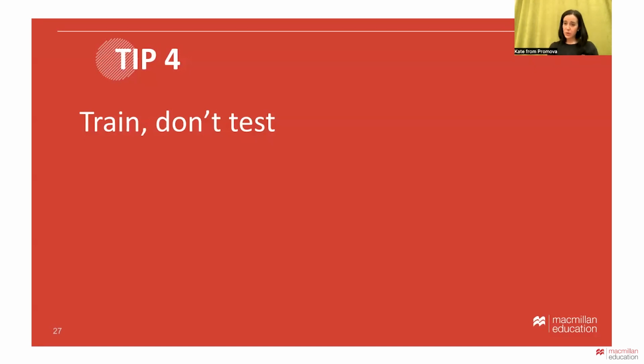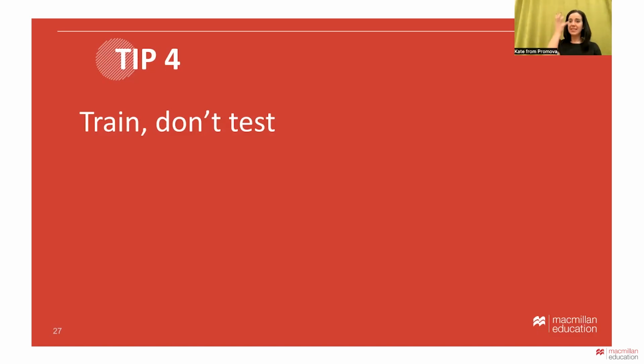And it's quite possible to use this at the beginning of the course. So if you're just starting with a group of students, you might want to do something like this in one of the first writing lessons. Give them a writing prompt, ask them to write an article, and don't give them too much information. This will be an initial test.